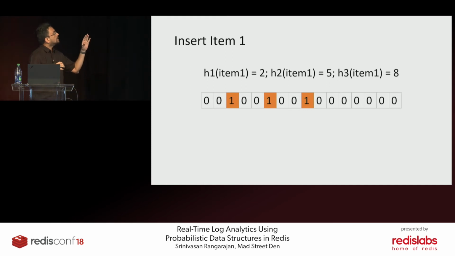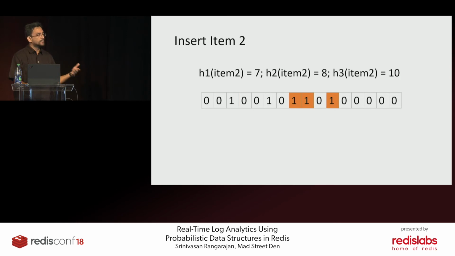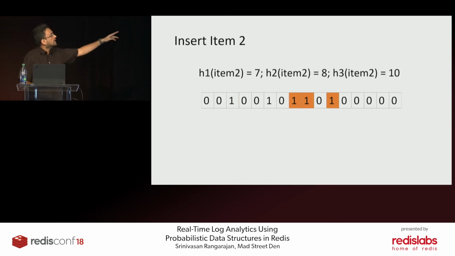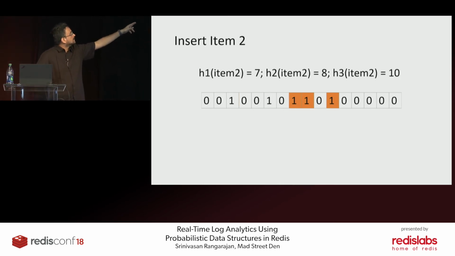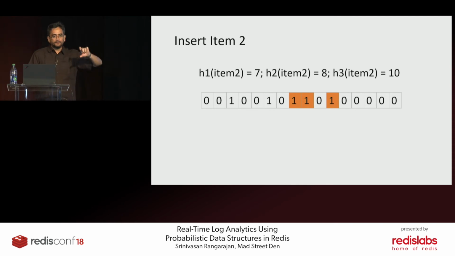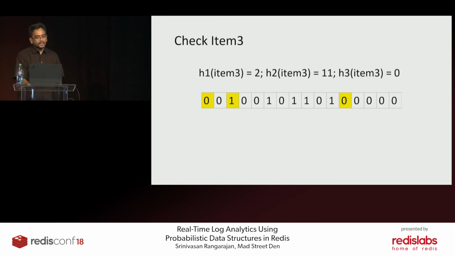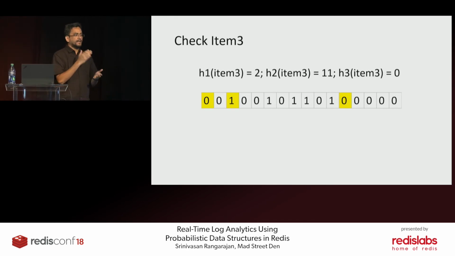So you keep on doing this for every item that you want to add. So for item 2, I mark the other 7th, 8th and 10th bits, and I keep doing that for every item that I see, right? So if I want to check whether an item exists or not, I redo the same hash for the same item.